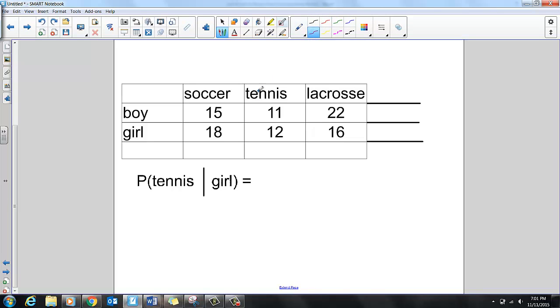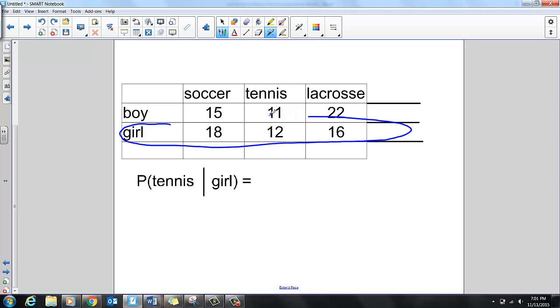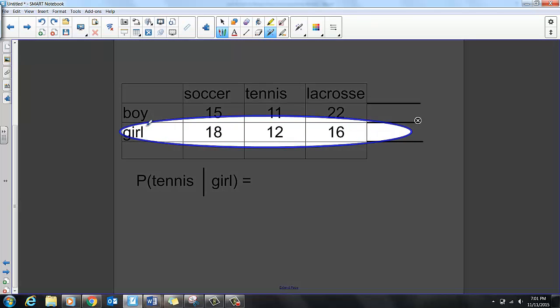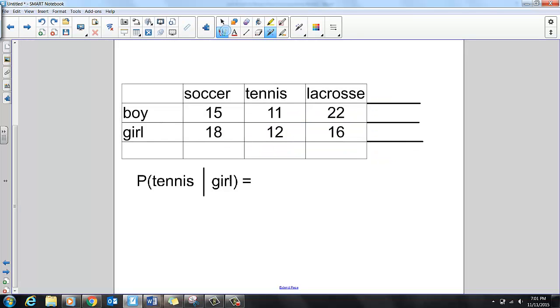Okay, so given it is a girl, that means I am focusing in on only the girl area right there. So we can see that we are focusing in only on the girl section, which adds up to 46. So let's get 46 in there.